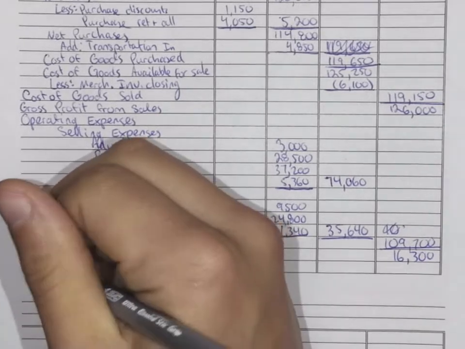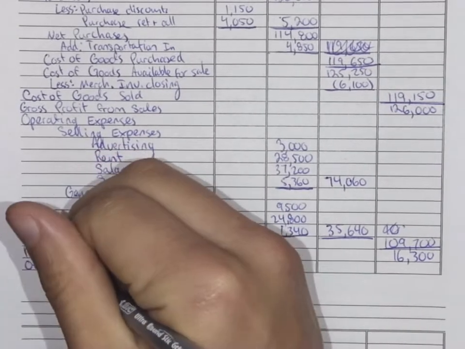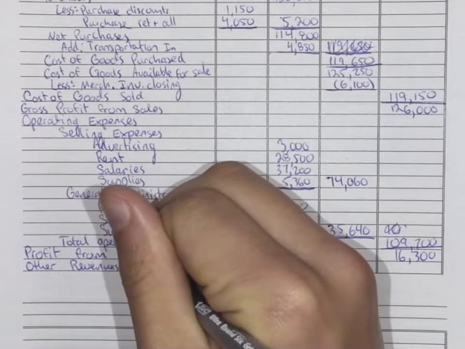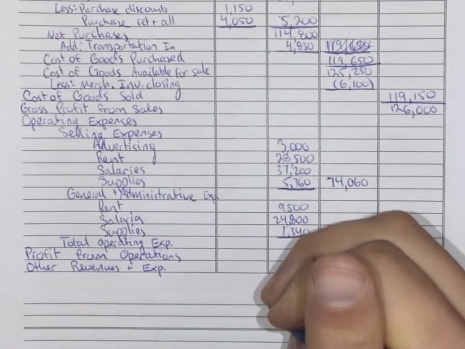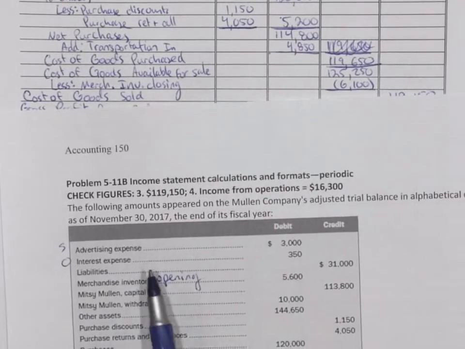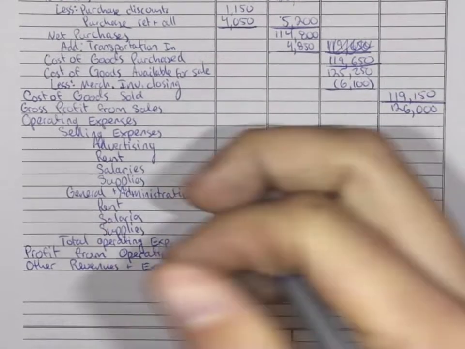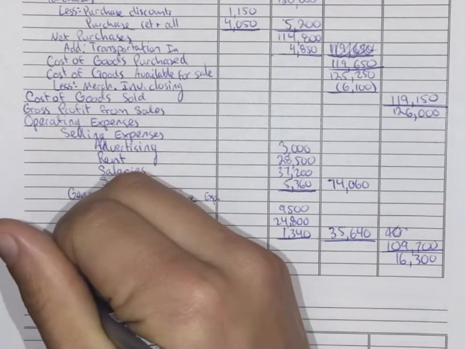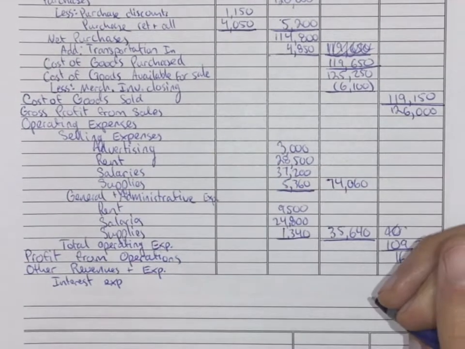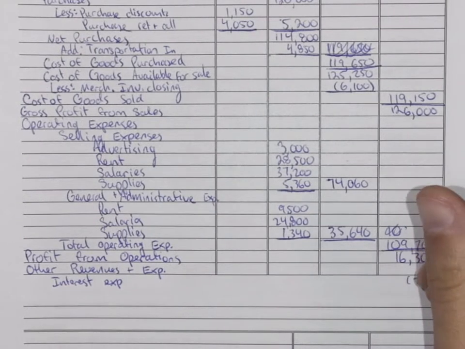Now we just need to do our other revenues and expenses. So here we only have an interest expense. So I'm just going to add that here. We're $350.